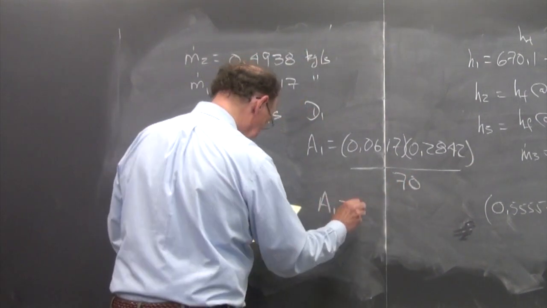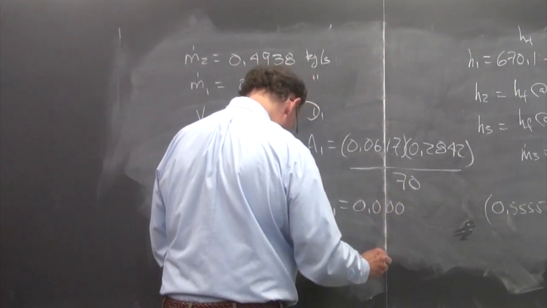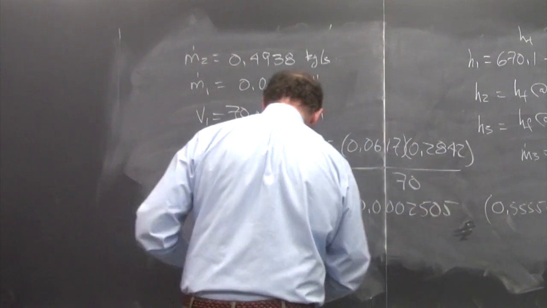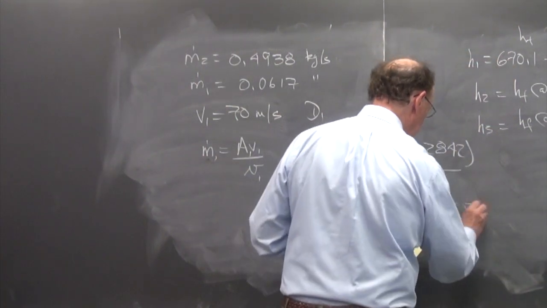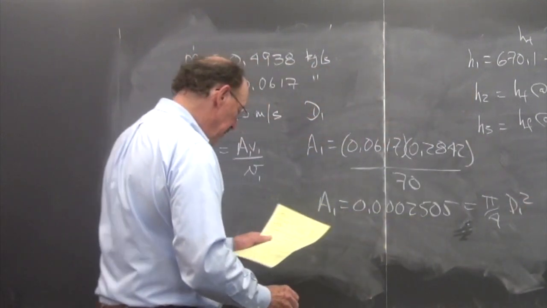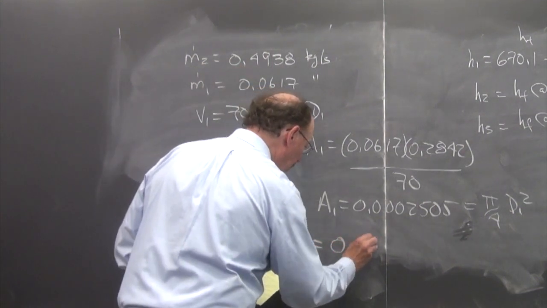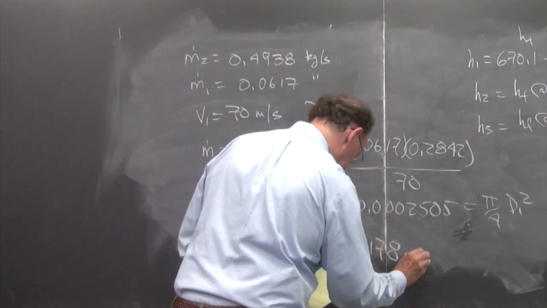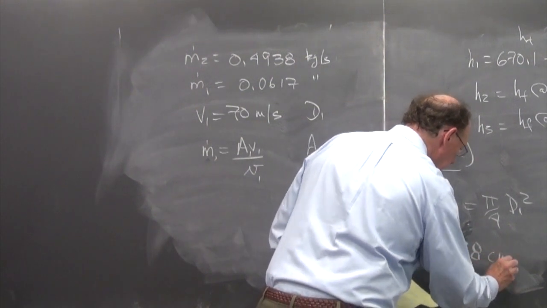So A1 is equal to 0.00123 square meters, and this is equal to pi over 4 d1 squared. So d1 is equal to 0.0178 meters, which is 1.78 centimeters.